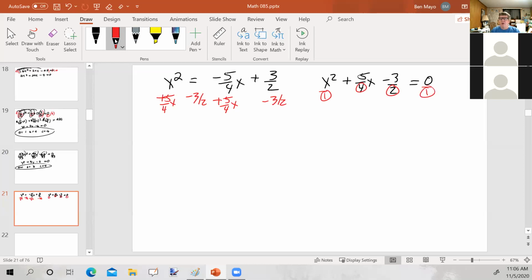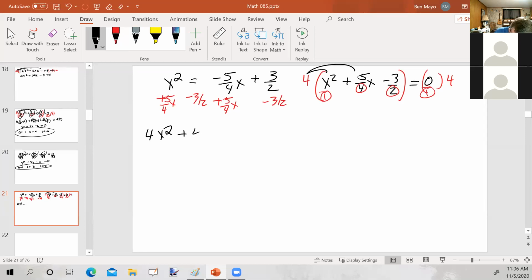The least common denominator of 4, 2, and 1 is 4. So I'm going to multiply both sides of the equation by 4. So I get 4x squared plus 4 times 5/4 x minus 4 times 3/2 equals 4 times 0.